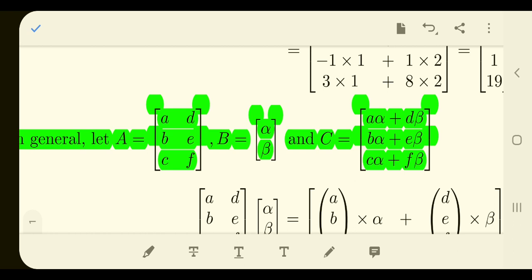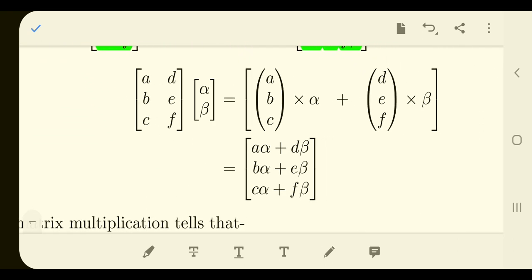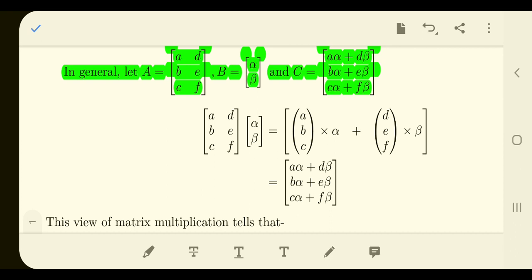Now, can we visualize this particular product in this way: the first column of matrix A is multiplied by alpha, the first element of the matrix B, plus the second column of matrix A multiplied by the second element of matrix B? You can see that it gives you the same result as the matrix multiplication we did earlier.